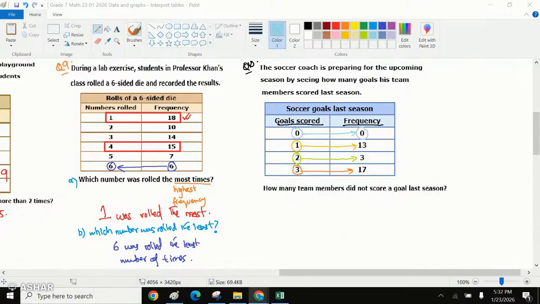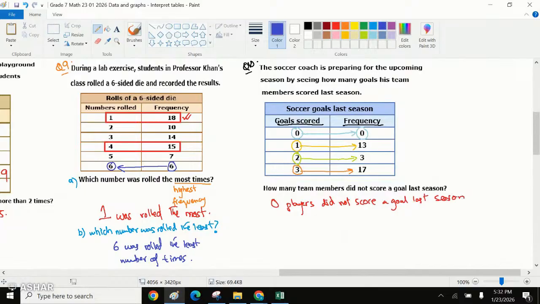So we can simply say 0 players did not score a goal last season, right?